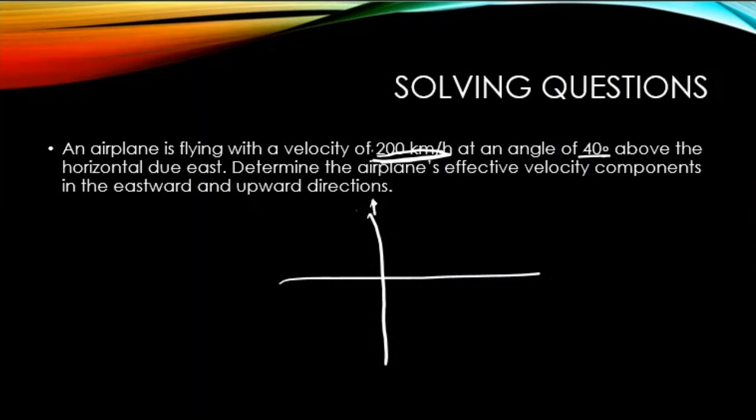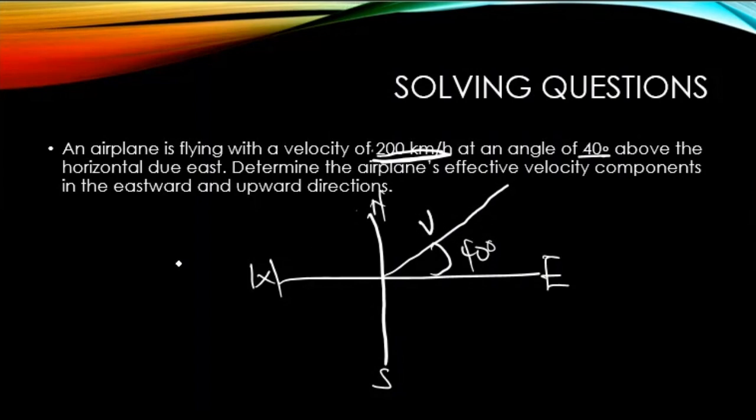We have north, south, west, and east. The vector is somewhere here and it's 40 degrees above it. So let's say the velocity is here, v.